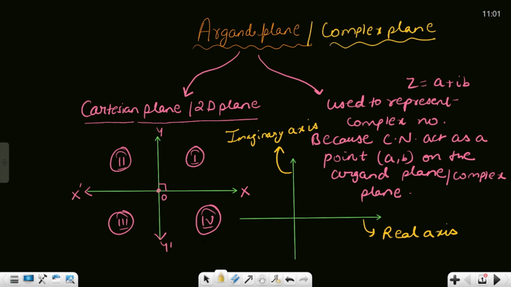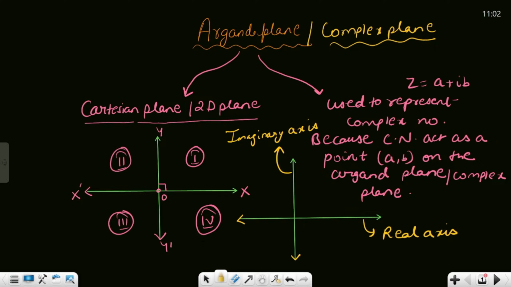Because we know in a plus iota b, a is our real part and b is our imaginary part, and the whole thing is just the same as our 2D or Cartesian plane. This horizontal axis is the real axis, and this vertical axis is the imaginary axis in the case of the Argand plane, or complex plane.